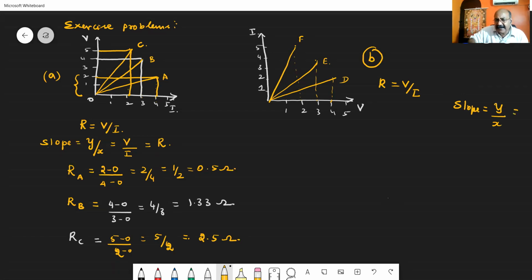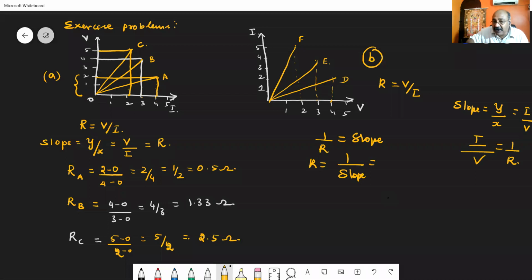But here in this graph B, the y-intercept is I and the x-intercept is V. I by V is nothing but 1 by resistance. So I can write 1 by resistance is equal to the slope. So if you want to calculate the resistance for this graph B, you calculate 1 by the slope.